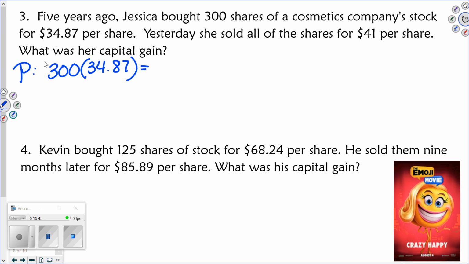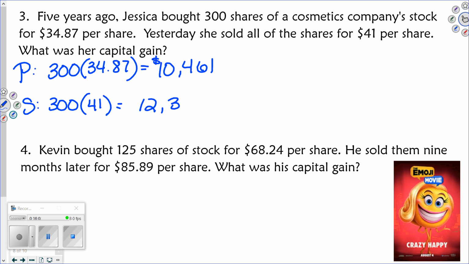She purchased them for $10,461. And then she sold all 300 shares for $41. Good. So how much money did she make? $1,839 gain.